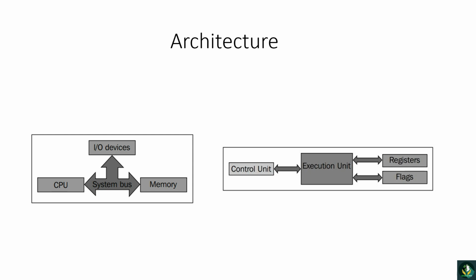The CPU is the central processing unit in the system, which indeed is the most vital component of the system. Let's see how things are organized in the CPU in this second diagram. The preceding diagram shows the basic structure of a CPU with components such as the control unit, execution unit, registers and flags.